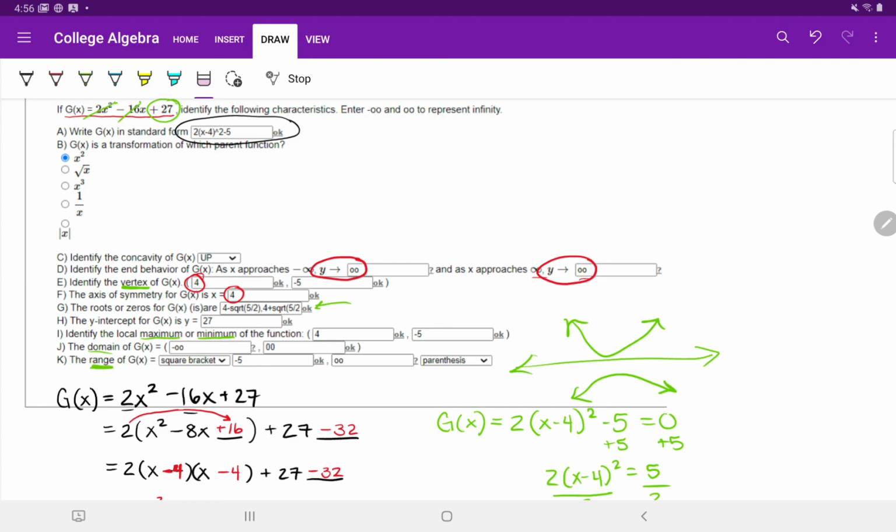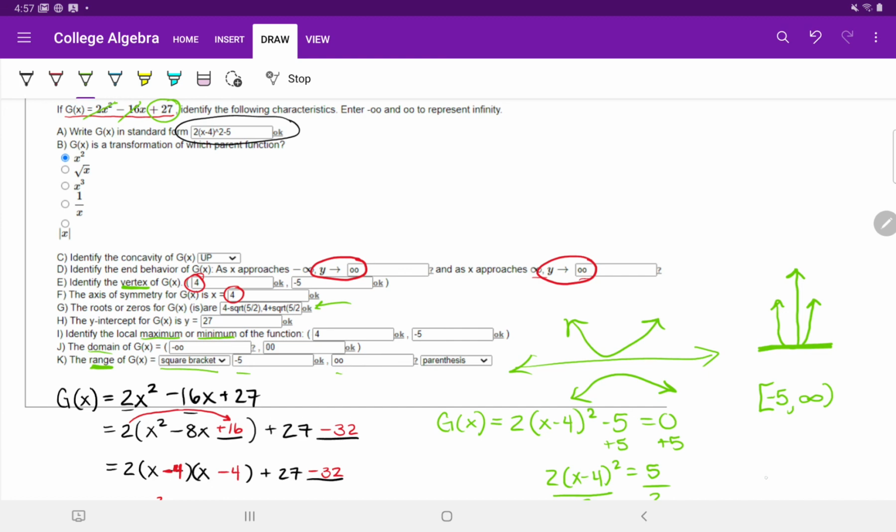If you're dealing with a concave up parabola, our range is going to start here and will include everything up to +∞. So we'll have a bracket, the y value of our vertex, and then all the way to +∞. So that's why we have a square bracket and from -5 to infinity.